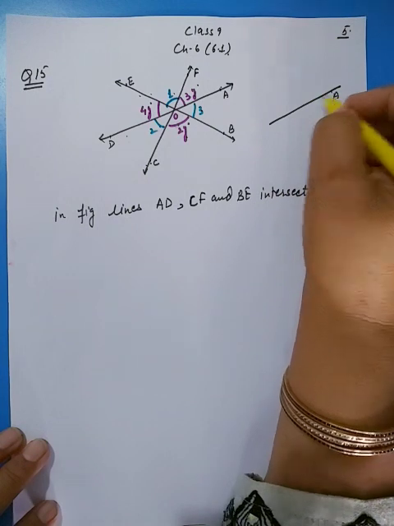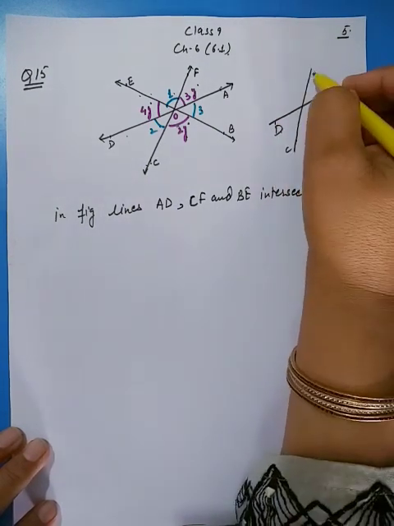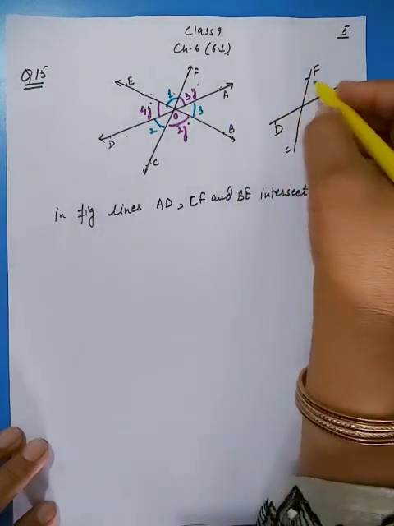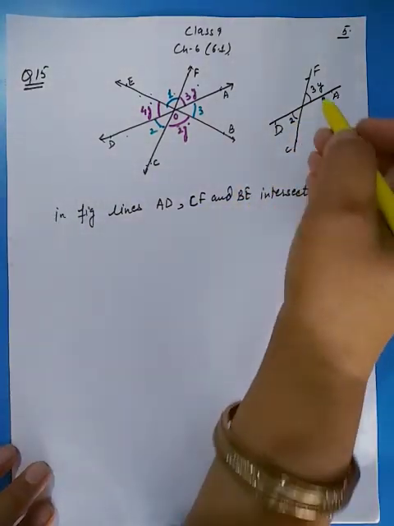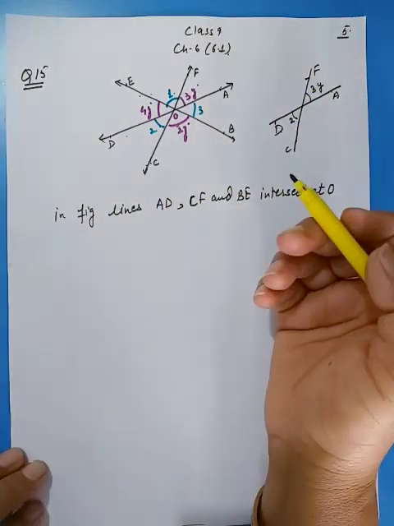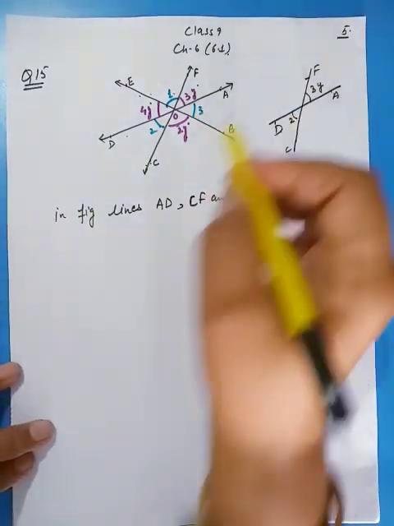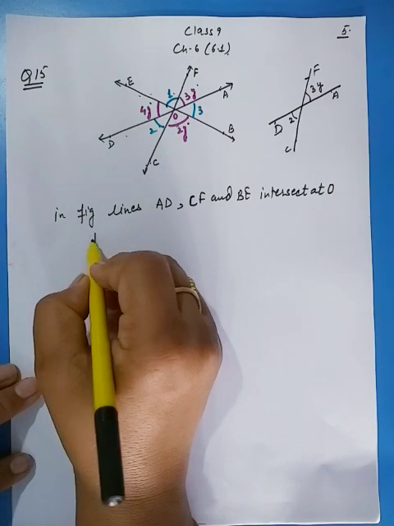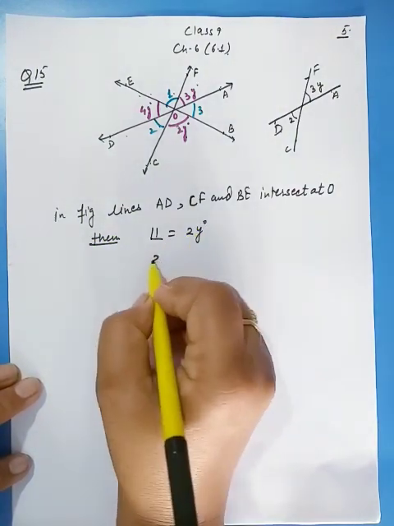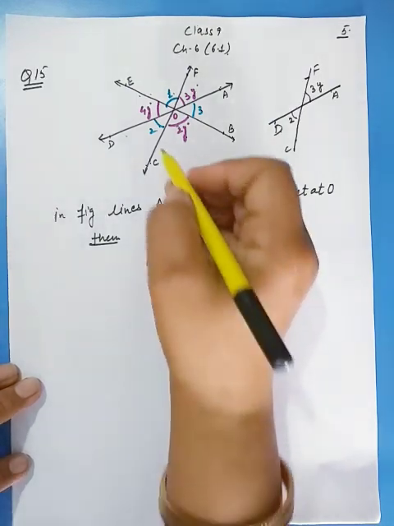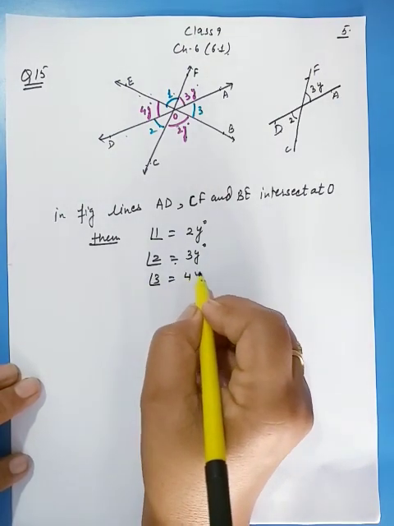So here I am taking AD. If you take only these lines, then this angle is 3y and the name of this angle is 2. So angle 2 and 3y will be equal, and angle 2 will be of 3y degree. Then angle 1 is equal to 2y, angle 2 is equal to 3y and angle 3 will be of 4y.